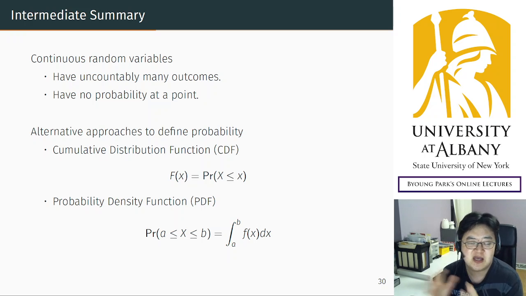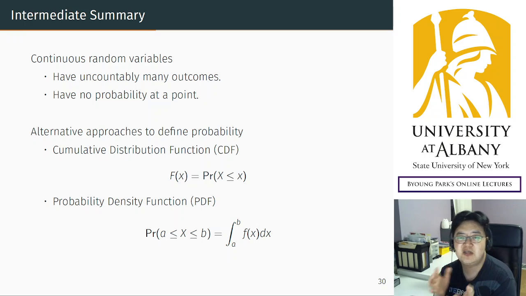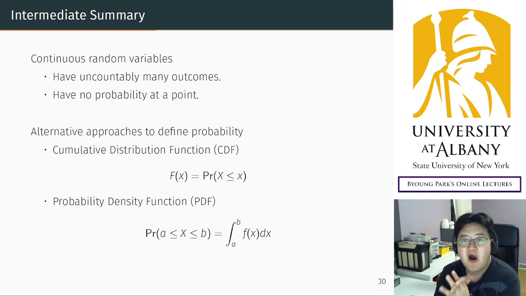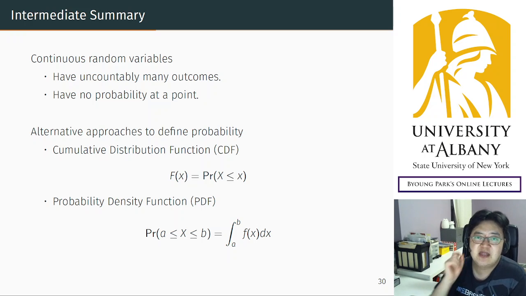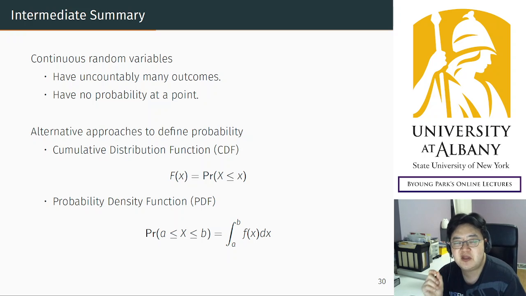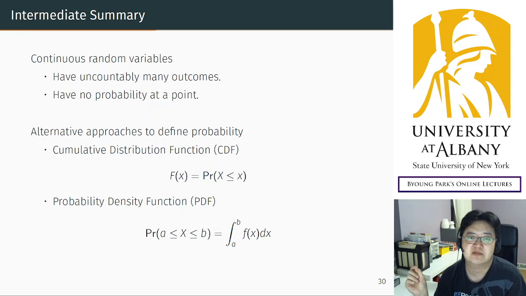The main idea is that a continuous random variable has uncountably many, an infinite number of possible outcomes. Therefore, we cannot list all the possible outcomes and we cannot consider probability assigned to each of the outcomes.